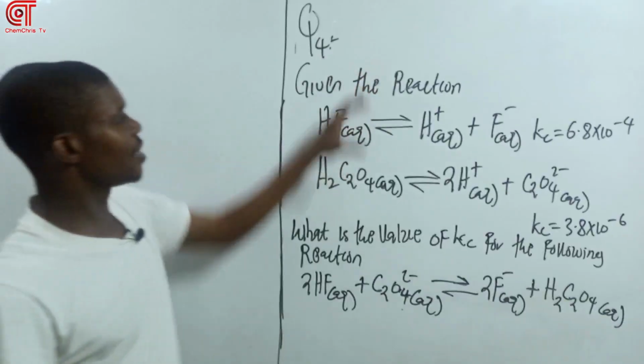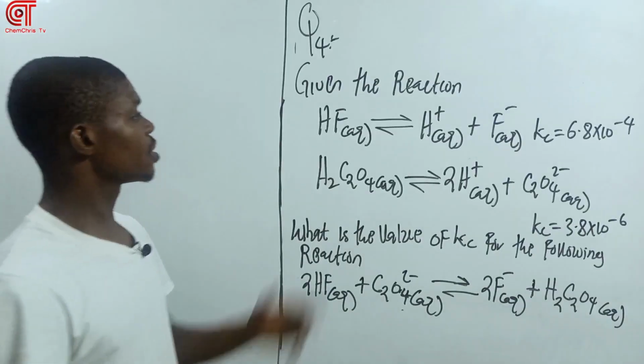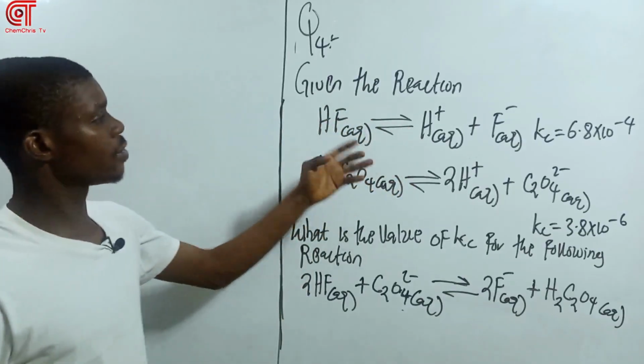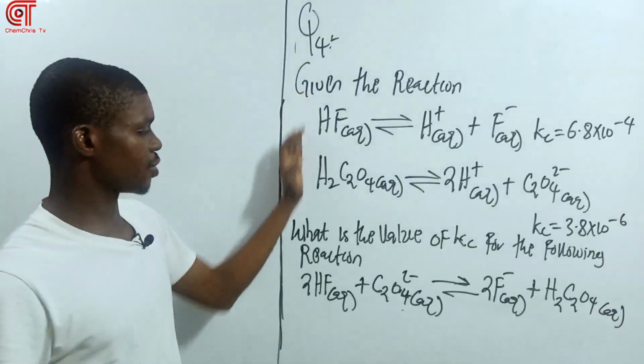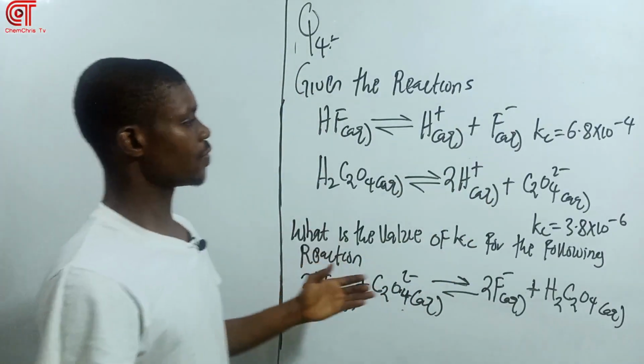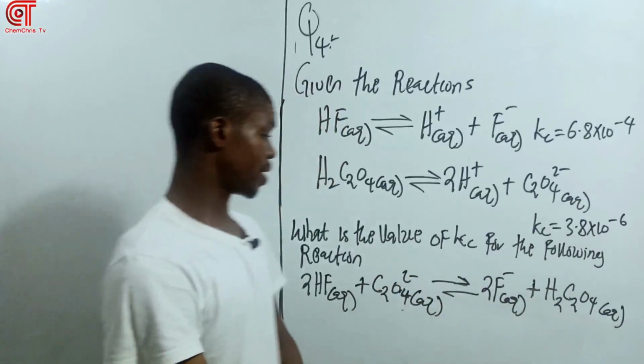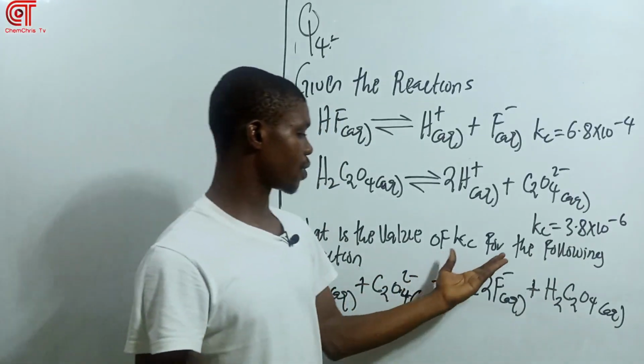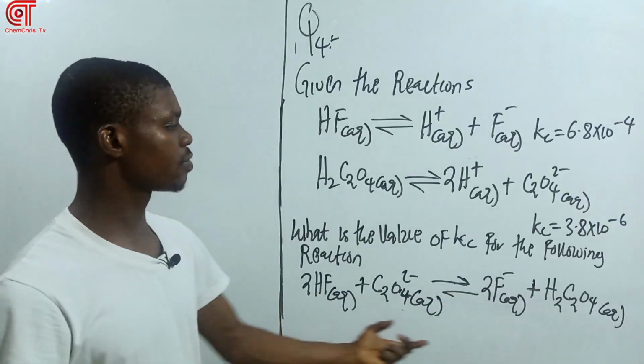Now let's look at this question here. It says, given the reaction, look at the two reactions here. Each of them has its KC. What is the value of KC for the following reaction?